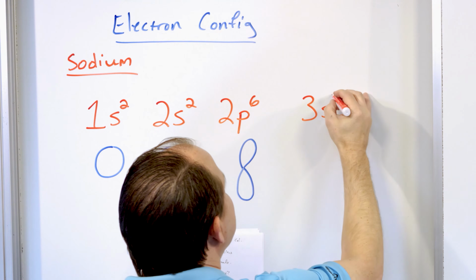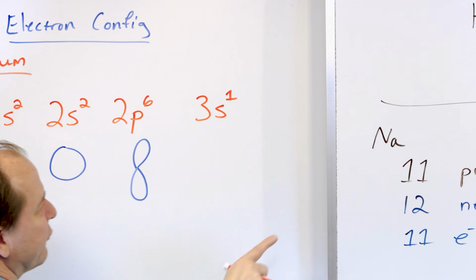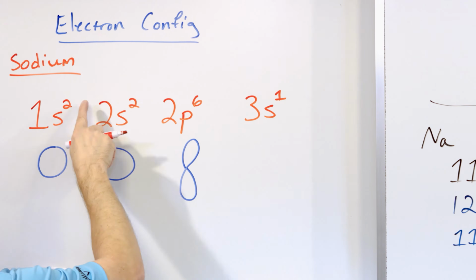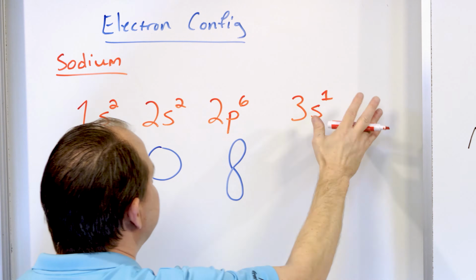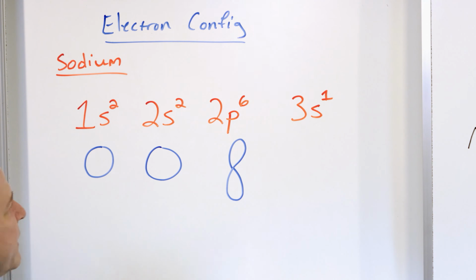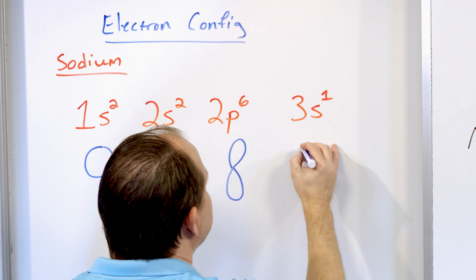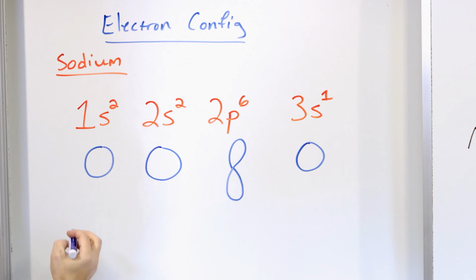Anyway, we're there. And there's one single electron left over because remember, sodium has 11 electrons in total. So here's 2, 4, 10, 11. So these are all the electrons in sodium. But notice that this last electron is hanging out here, and it's also in a spherical shape. And I'm going to write one thing down. I'm going to say these electrons that are over here, these are close to the nucleus.